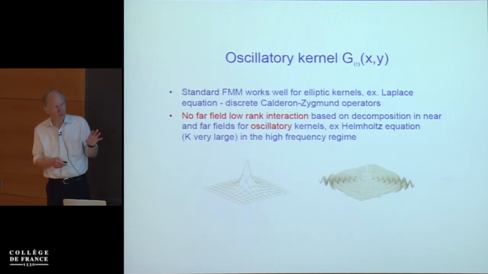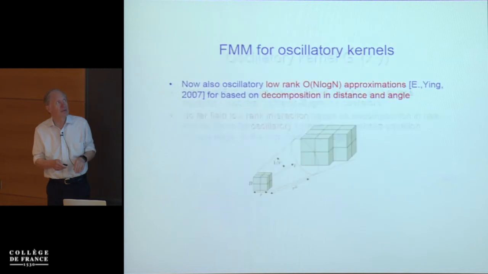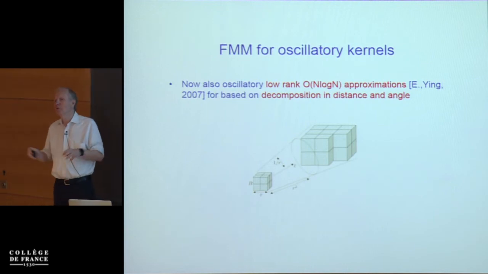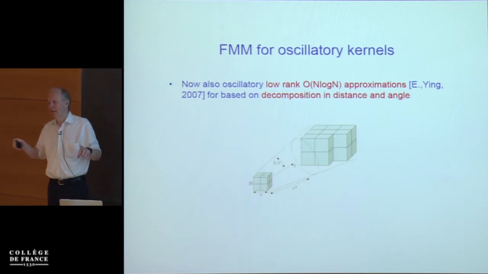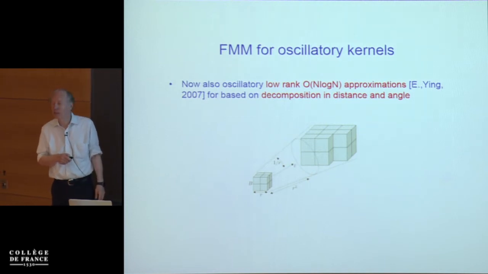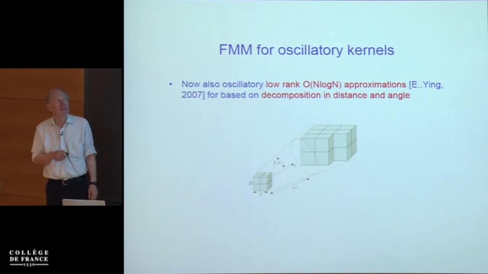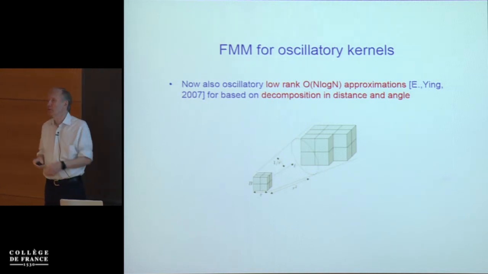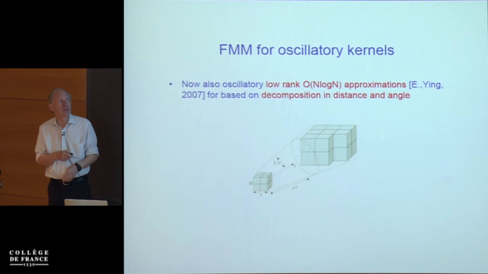So the way to do this, we believe, when we started working with Lexing Ying on this problem, was not only to divide it up into far and near field, where furthermore the far field has to be a little bit further away, but to divide the far field up into conical domains or sections or sectors, so you have a directional decomposition.